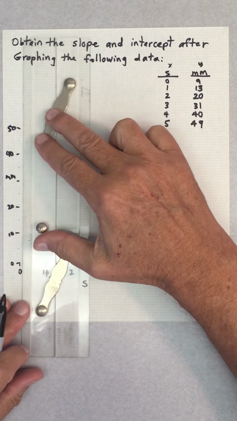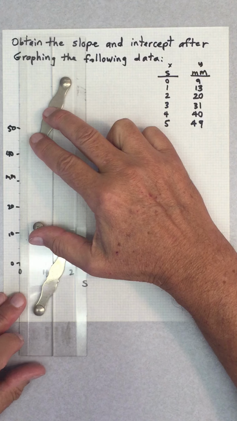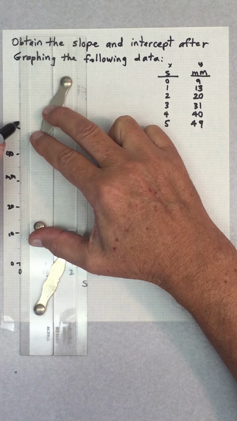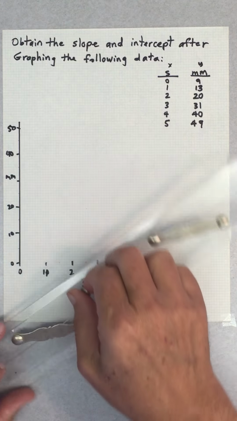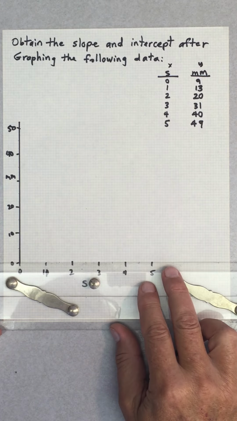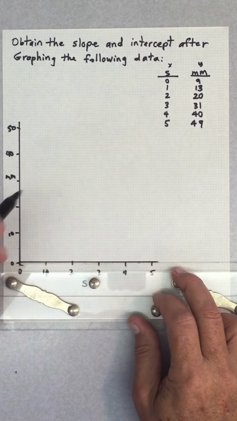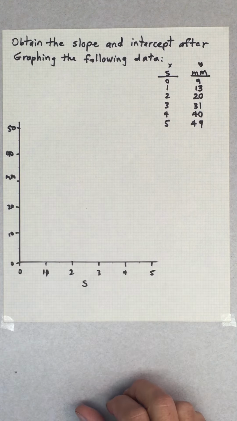And if I wanted to, I could get a straight edge over here and make those lines darker, so I don't confuse myself.